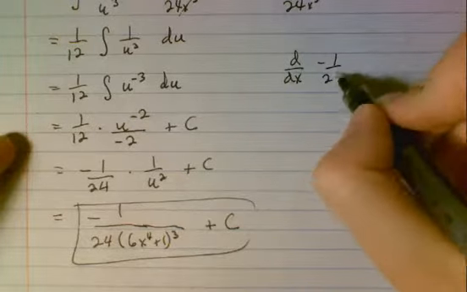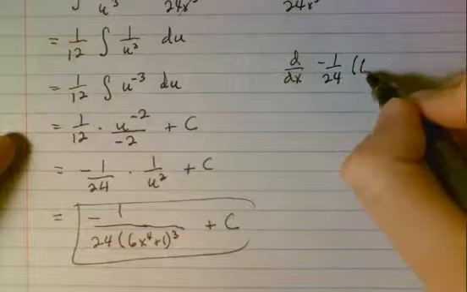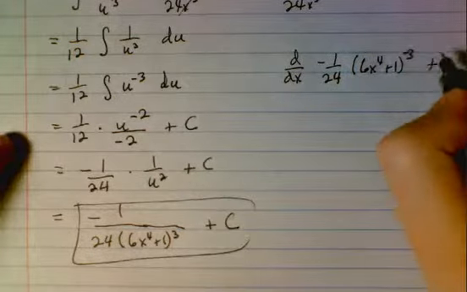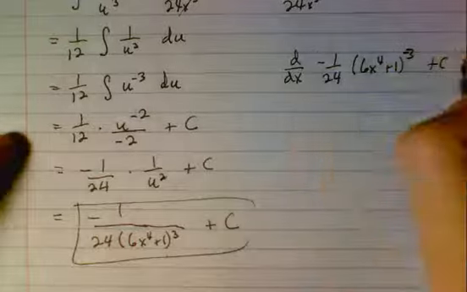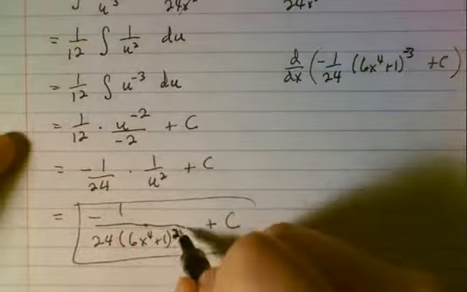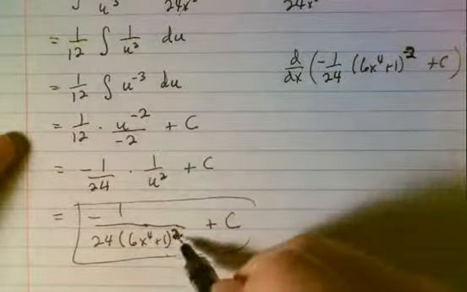So this is negative 1/24. All this is 6x to the 4th plus 1, and that's the negative 3 now, because that was formerly in the denominator. Oops, excuse me, this should be squared, because I've got that 2 right there, so it should be negative 2.